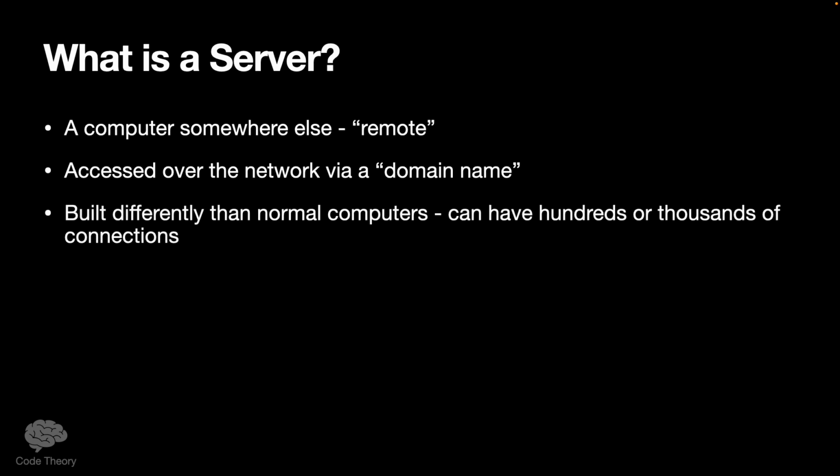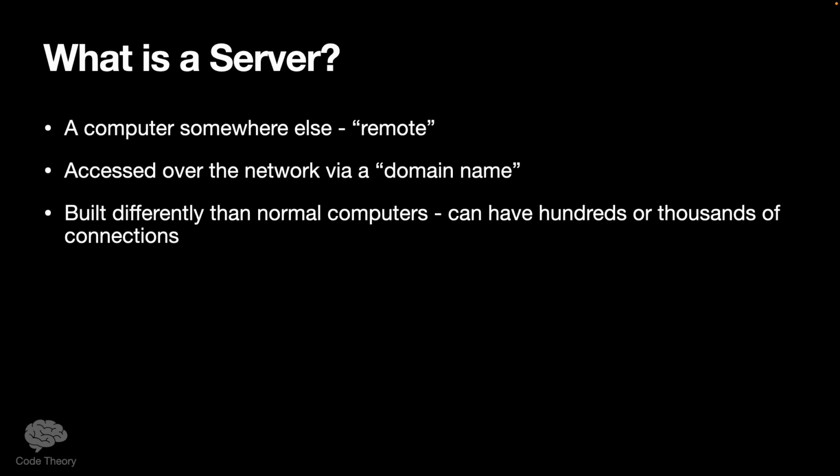Server computers are built differently than other computers. They use different motherboards, different amounts of RAM, different kinds of CPUs. They can have hundreds of thousands of connections to various and sundry different clients who are accessing them all at once, right? They're highly parallel. We've talked about how modern laptops have, oh yeah, 8 cores and 12 virtual cores or whatever, right?